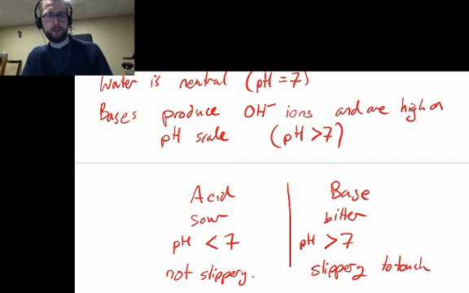Acid, base, properties. One of the best things you can do if you're ever looking for anything is just type it into Google Images. I always search through Google Images, and usually somebody has made a PowerPoint at some point.